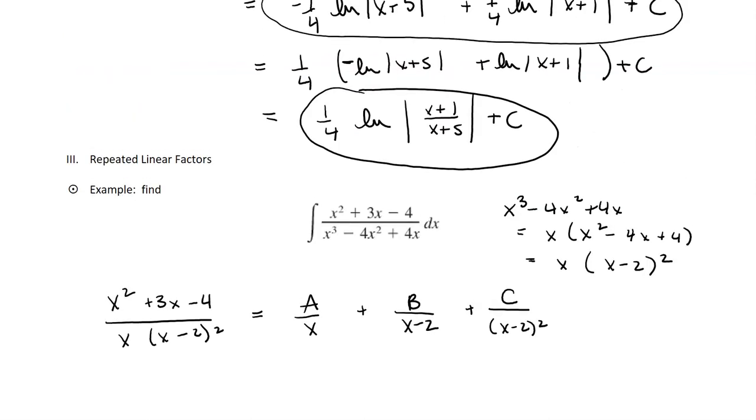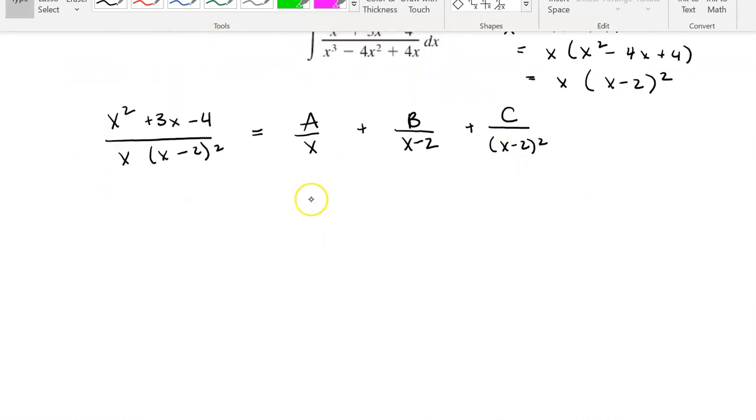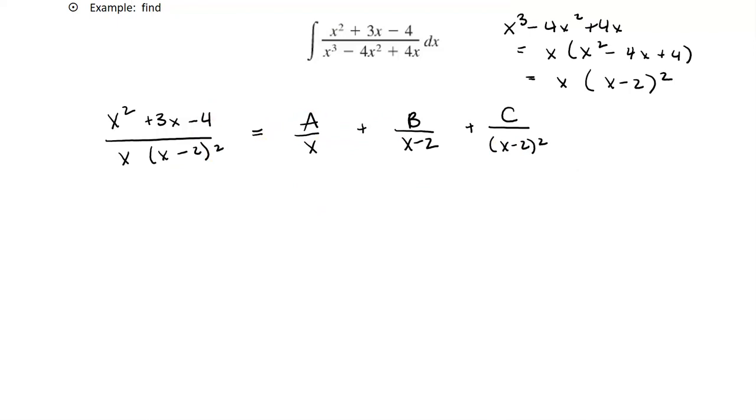I'm going to multiply through and try to cancel out the denominator, not the coefficient. So I'll multiply through every single thing by x times x minus 2 squared. And you can see that I've done that for every term. This denominator will cancel all 3 pieces.